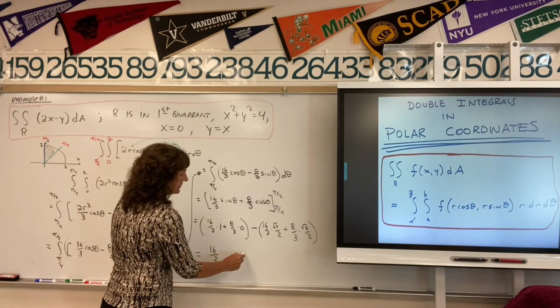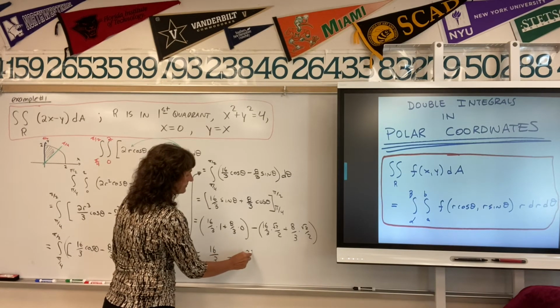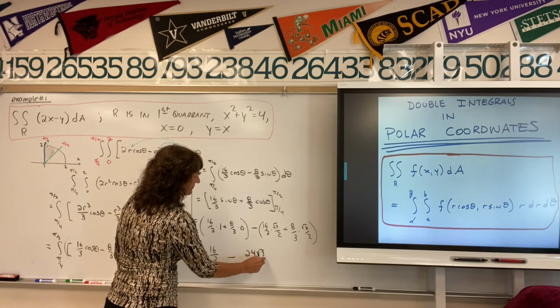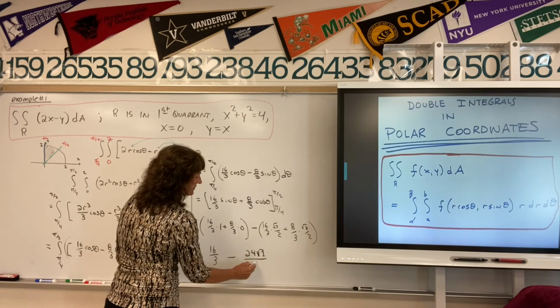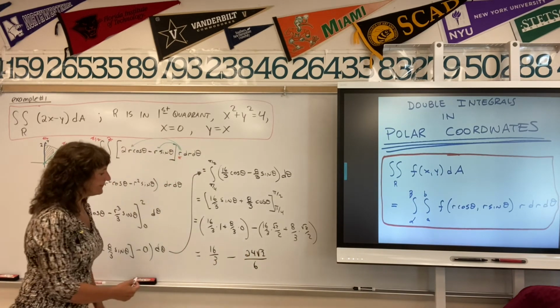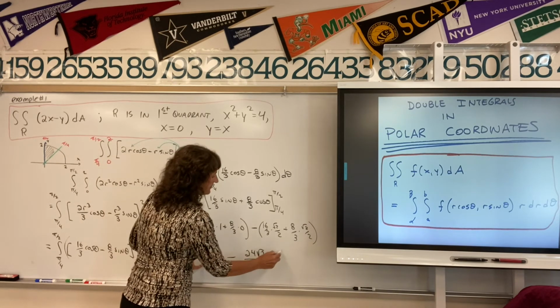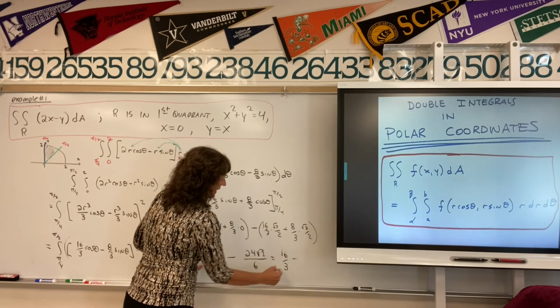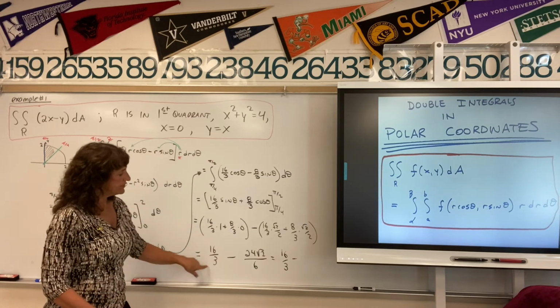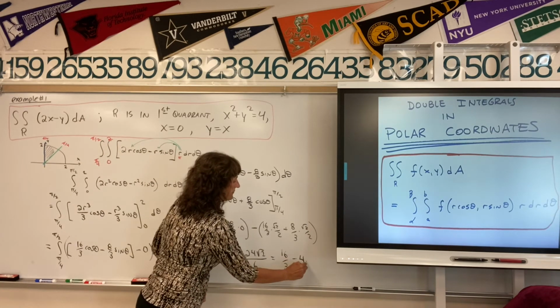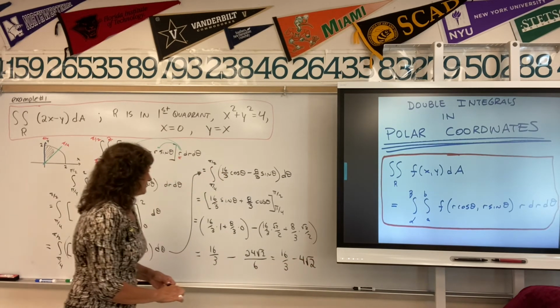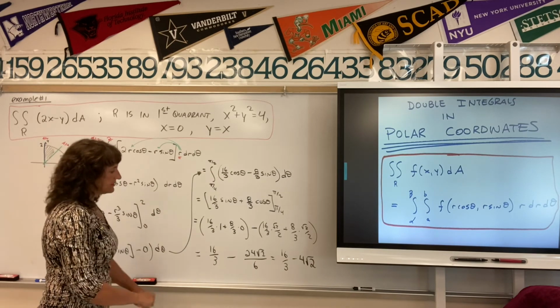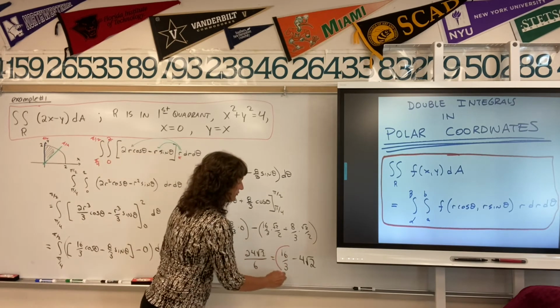So you end up with 24 radical 2 over 6, and this can be reduced, right? So 16/3 minus, and when you compute this, 4 radical 2. So there's your answer: 16/3 minus 4 radical 2.